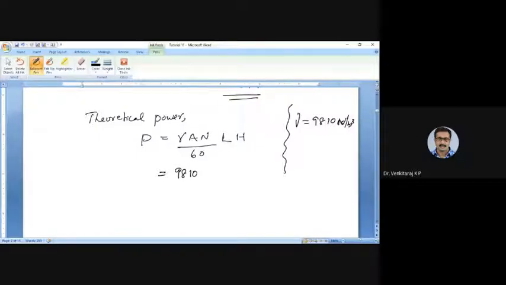So this is the specific weight, into area, pi by 4 into 220 into 10 to the power minus 3 squared, the length is 500 into 10 to the power minus 3, the head is 15 meter, divided by 60.